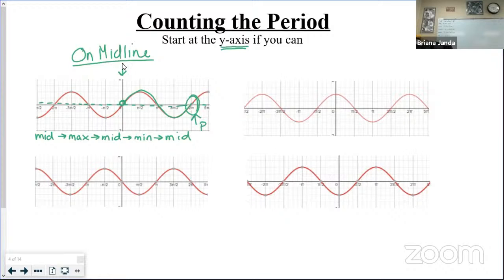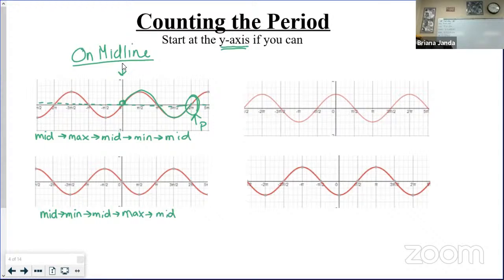Now if it goes down first instead of up first, that is a sine curve with a reflection over the x-axis, and you just do that backwards. I hit a minimum, then go to a maximum, and return to my midline. So midline, hit that minimum, go through my midline, back up to a maximum, return to my midline.